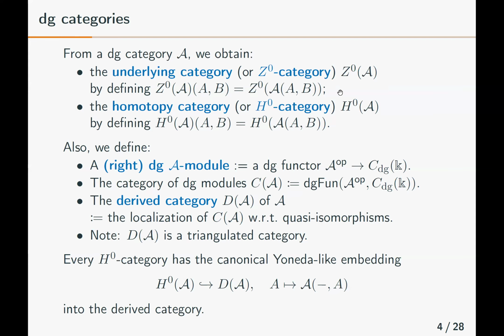This is the underlying category of A. If we take zeroth cohomology instead, we obtain another category, H^0 A, which is called the homotopy category of A.